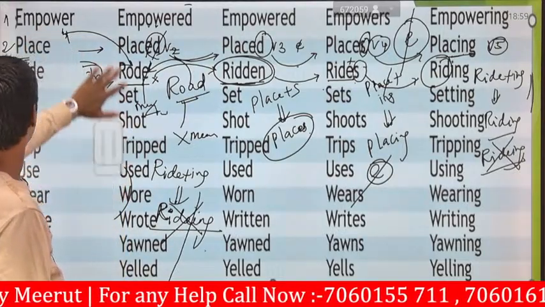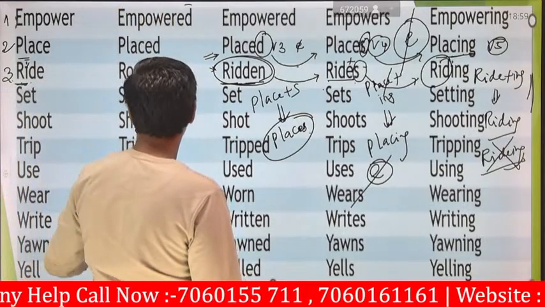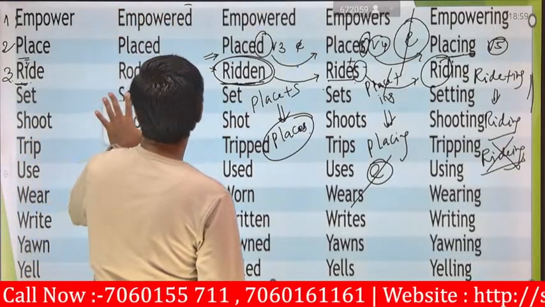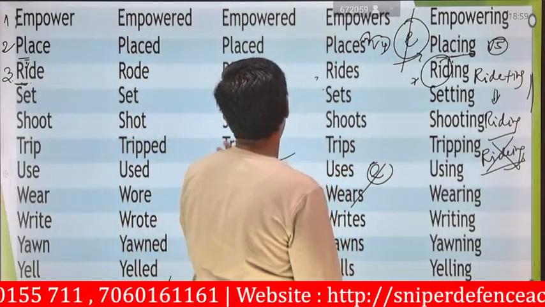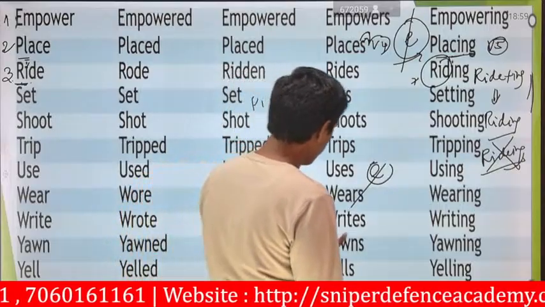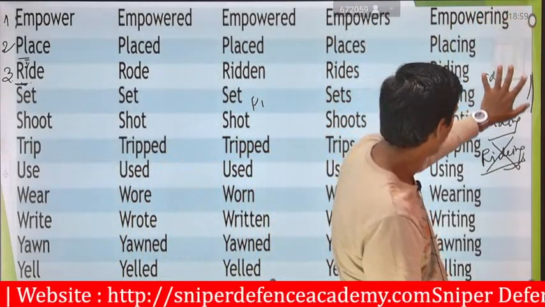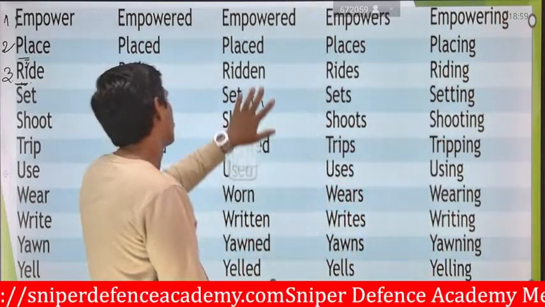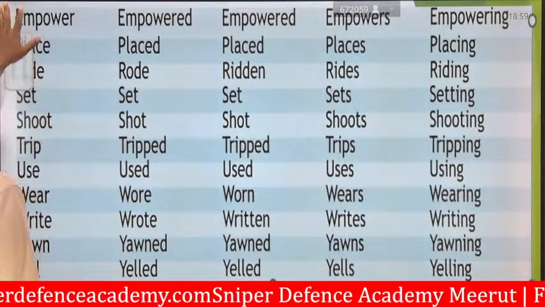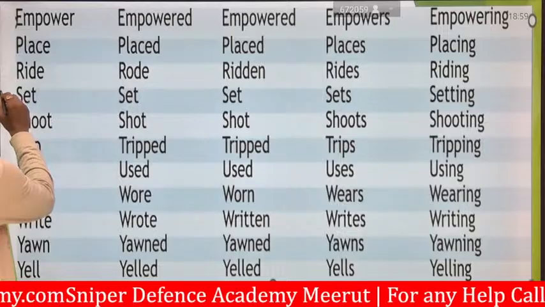Now we will see another one. Another exact word which is given here is set. What is it? S-E-T, set. Set means what? It's a group of people, a group of sentences, a group of friends, a group of enemies, a group of teachers.